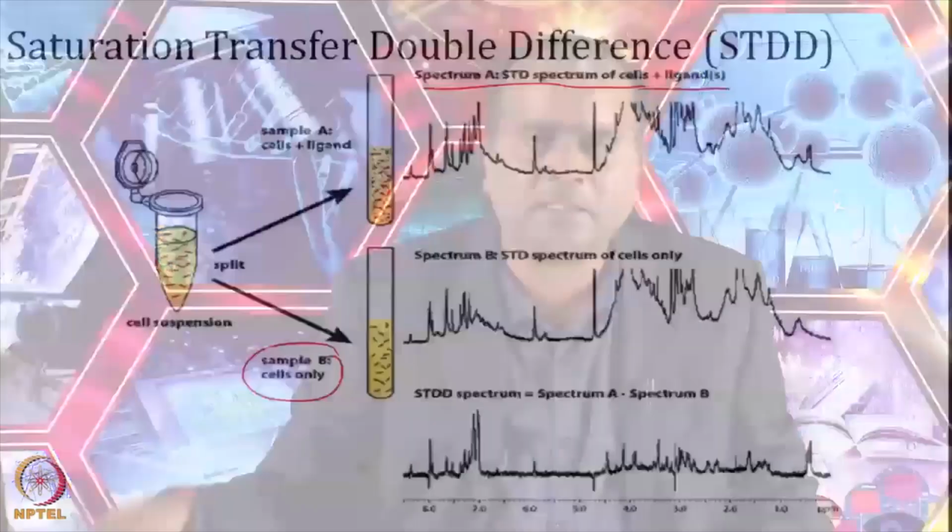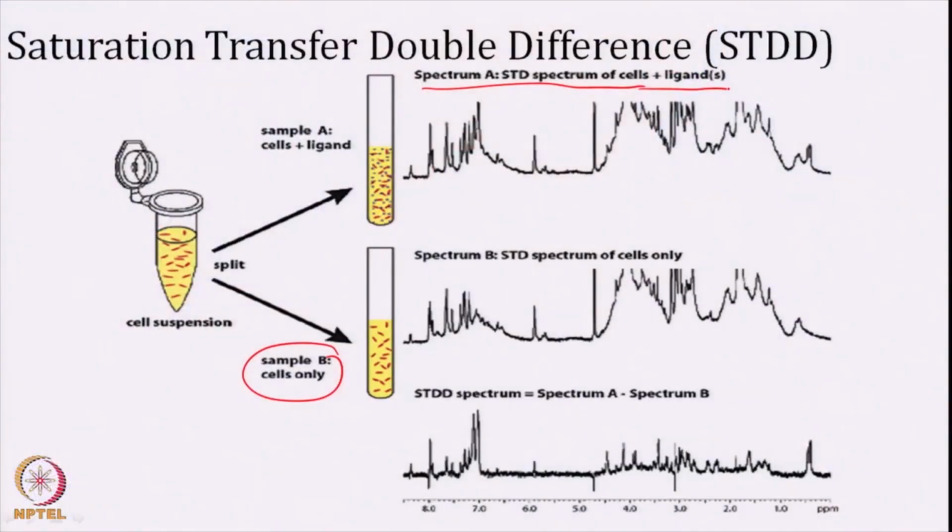In this STD experiment we perturb somewhere around -1 ppm or so and look at the STD difference. Then here again we perturb at -1 ppm or so, and that effect will be visualized on the ligand. Since this is quite a heterogeneous mixture, and the ligand is not very clean, the ligand has signal here as well, and the cell suspension has all the signal coming from the proteins.